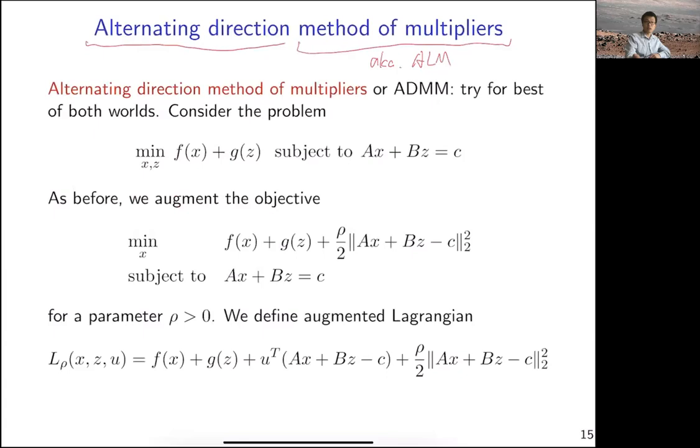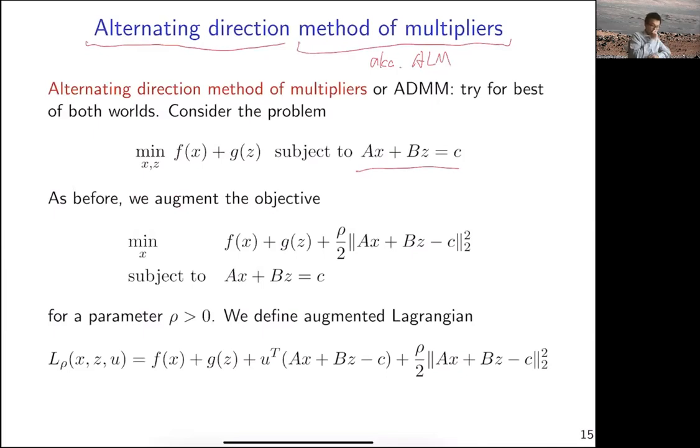So you can think about this as an extension or a generalization of the original augmented Lagrangian based methods. ADMM solves the following family of problems with two objective functions that are decomposable. You want to simultaneously minimize f(x) plus g(z) subject to a linear equality constraint.